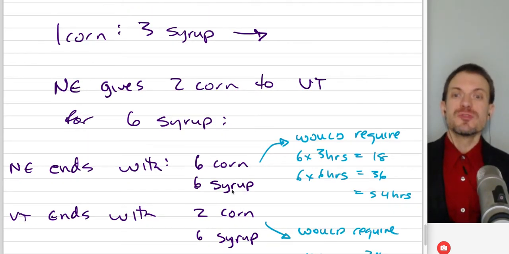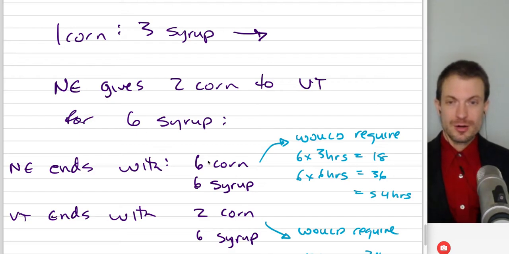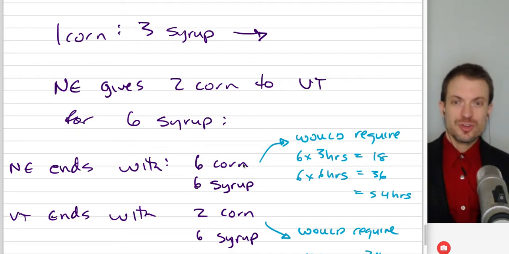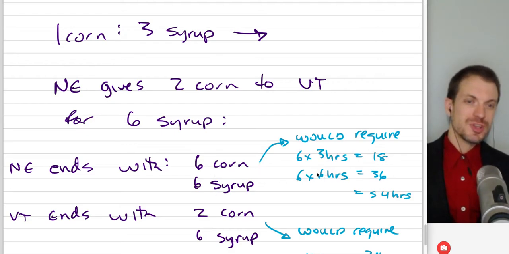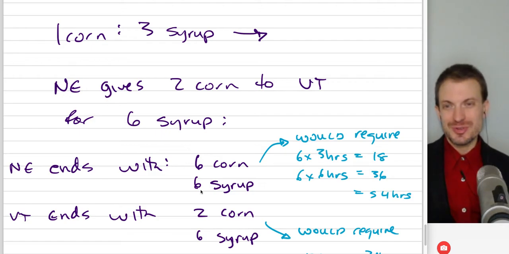This consumption bundle: if Nebraska tried to produce 6 corn and 6 syrup, how much time would it take them? It would take 6 corn times 3 hours per corn, that's 18 hours. And 6 syrup times 6 hours per syrup, that's 36 hours. This would require Nebraska 54 hours to produce and consume on their own.